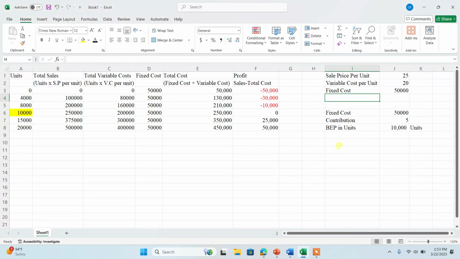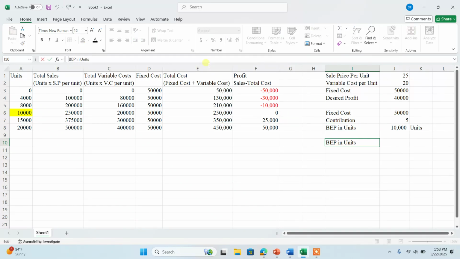Okay, so what is my desired profit? My desired profit is 40,000. What is the formula for this? Let me calculate it here. Units to achieve the desired or the required profit.